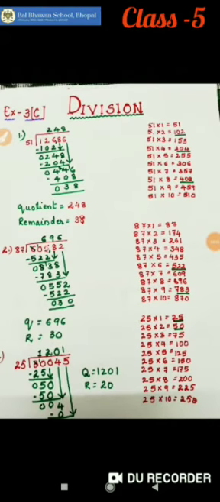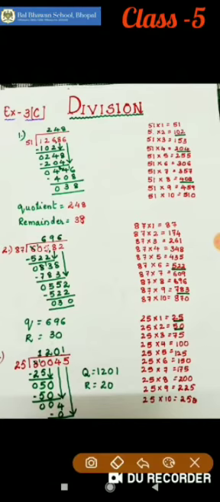We have to divide 12,686 by 51. So, first we will see the first two digits. The first two digits are 1 and 2, which is smaller than 51. So, we will take 3 digits, that is 126. 126 is greater than 51.